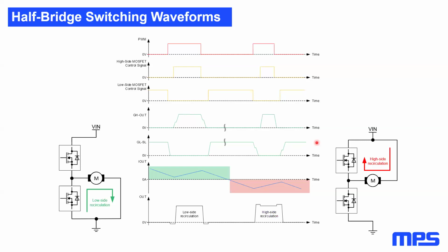The load is either positive, in other words, current flowing out of the half-bridge, or negative, current flowing into the half-bridge output. This corresponds respectively to the cases of a motor acting as a load on the left, or a motor acting as a generator on the right.